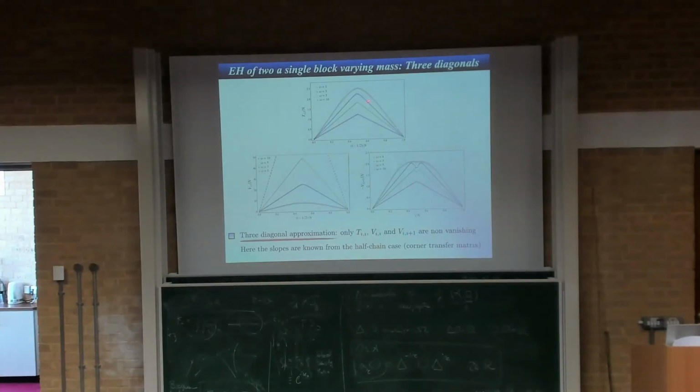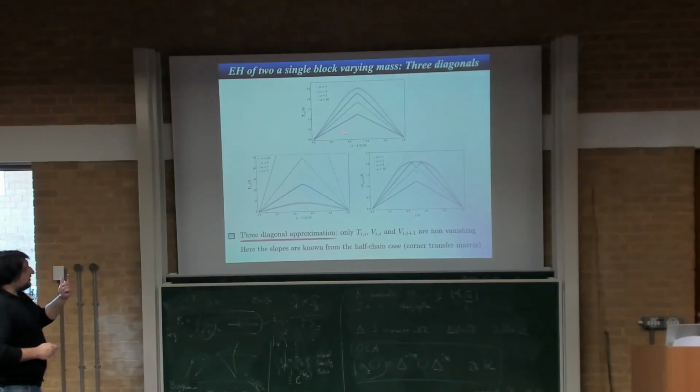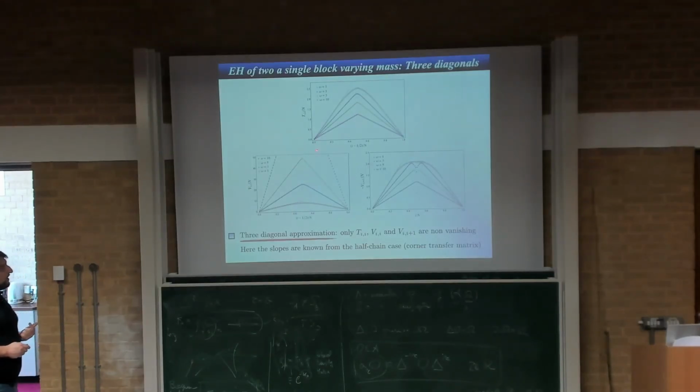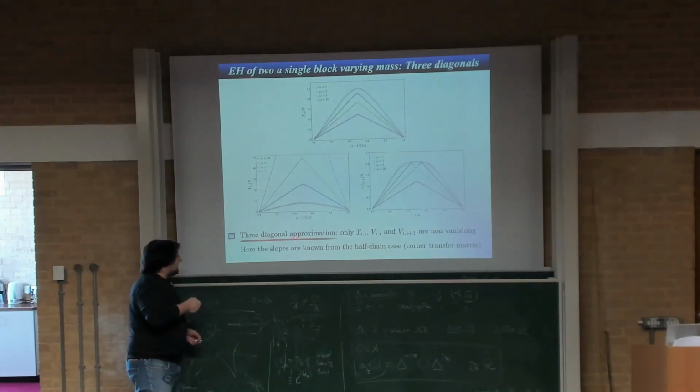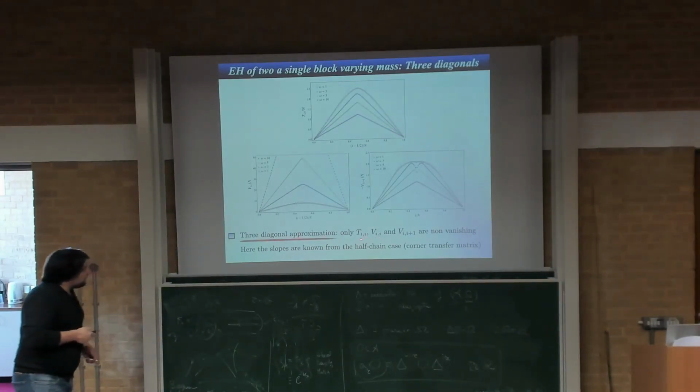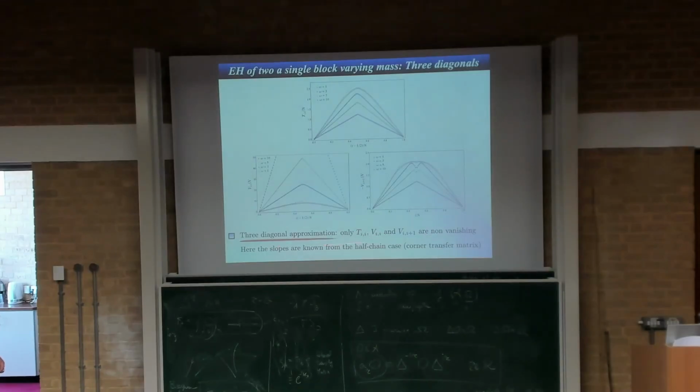So the message is that, okay, at the massless regime, there is a whole story that I will not tell you, but in the large mass, this big, fully populated matrix becomes local, and not only local, but the shape is very simple, it's a triangle, okay? That's what we call the three-diagonal approximation. So only these diagonals are non-vanishing, and the slopes are known from the corner transfer matrix approach.